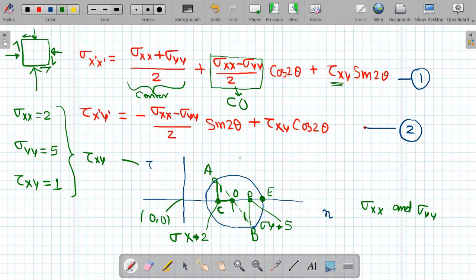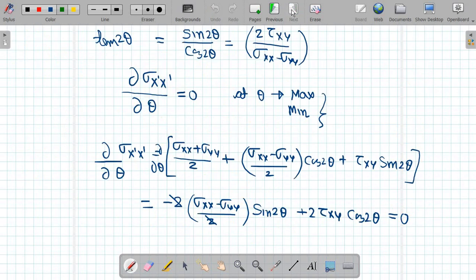So now the thing is, where is sigma x dash? X dash. So let me draw a bigger one.